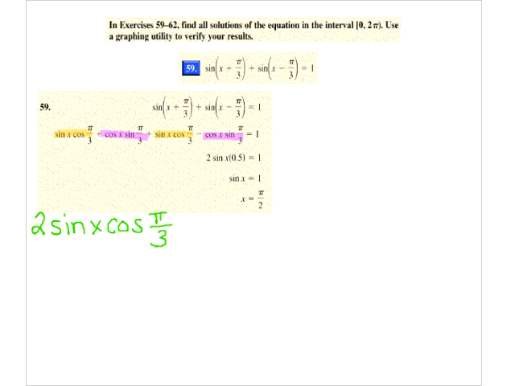We know that cosine of pi/3 is on our unit circle, and that's equal to 1/2. So let's multiply 2 times 1/2, and that's just equal to 1. So where does sine x equal 1? Sine x equals 1 at one spot only, and that is at pi/2.